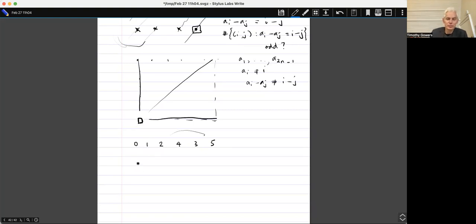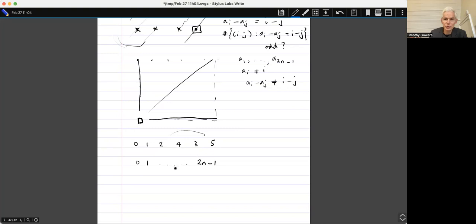And the way I want to see if I can prove it is, I'll start with 0, 1 up to 2n minus 1, and I'll just see whether the parity of the number of pairs such that a_i minus a_j equals i minus j is an invariant.